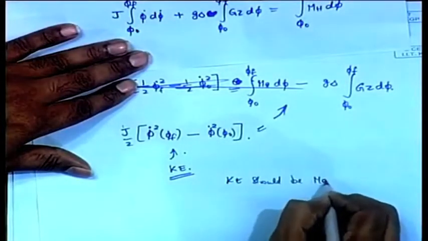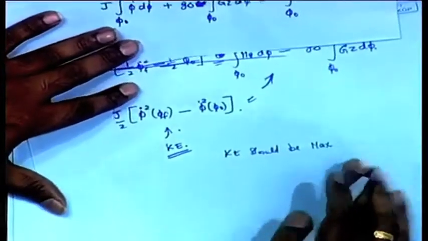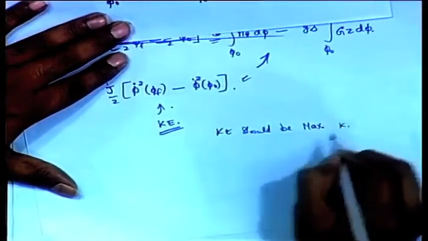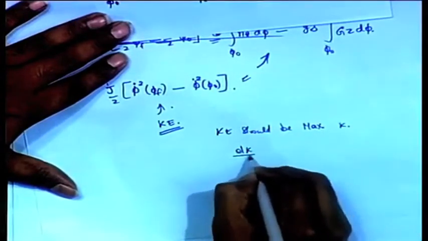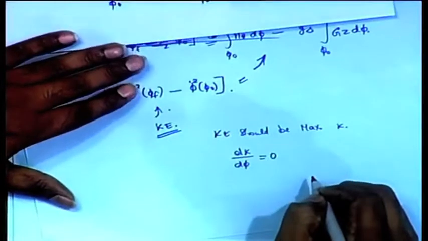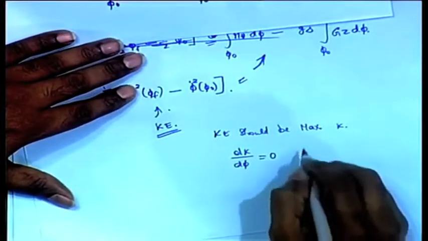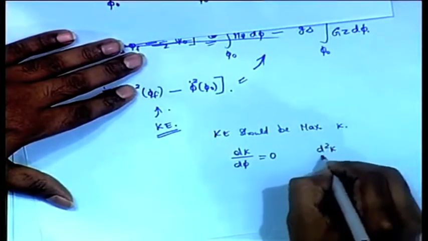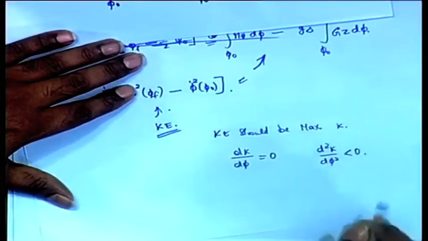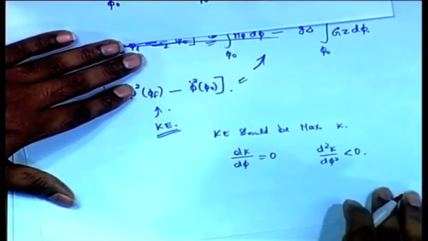If K is the kinetic energy, then dK by d phi should be equal to 0 when kinetic energy is maximum, and d square K by d phi square should be less than 0. This is the condition for maximum kinetic energy.